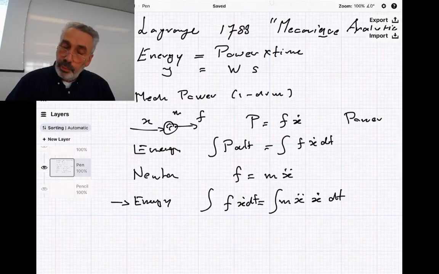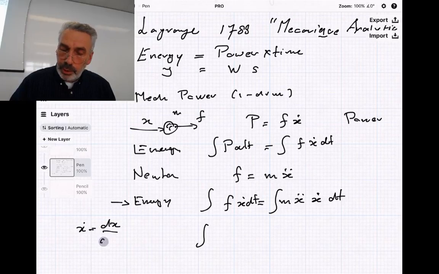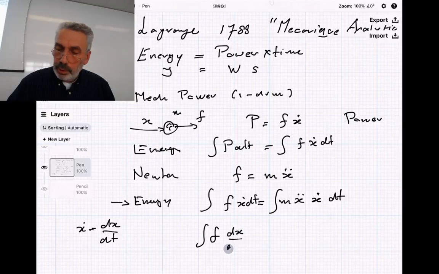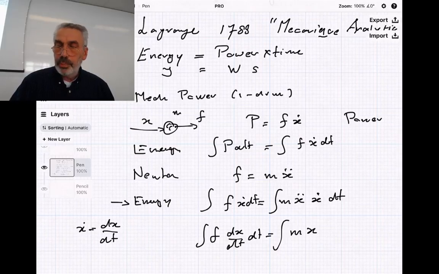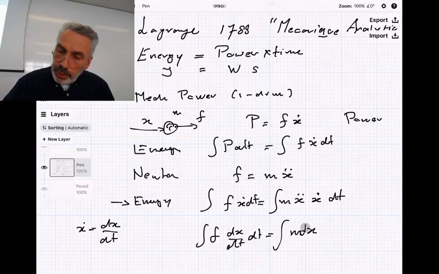You can simplify the integrals a little bit, because x dot by definition is dx/dt. So I get f dx/dt times dt equals, and on the right hand side I get m times x double dot, which I can write of course as d x dot/dt, that's the acceleration, times x dot times dt.